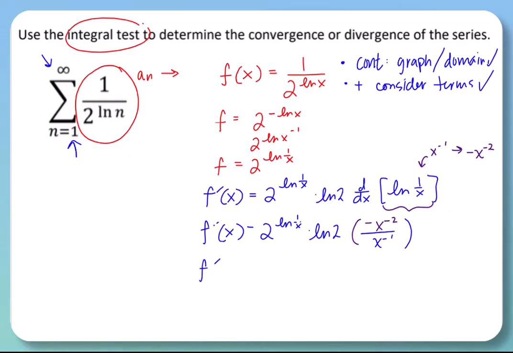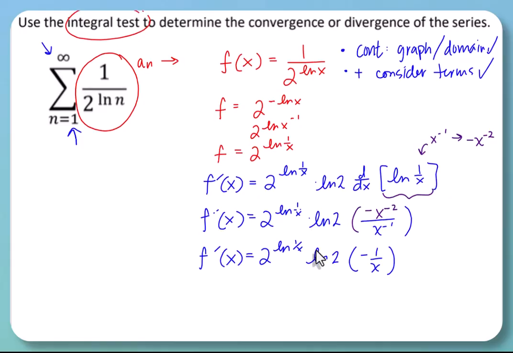So I have f prime of x equals 2 to the natural log of 1 over x times the natural log of 2 times negative 1 over x. So basically, when we look at this function, everything in here will always be positive. This term is a positive constant.